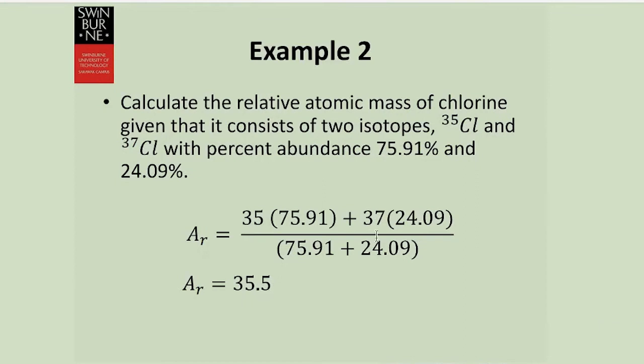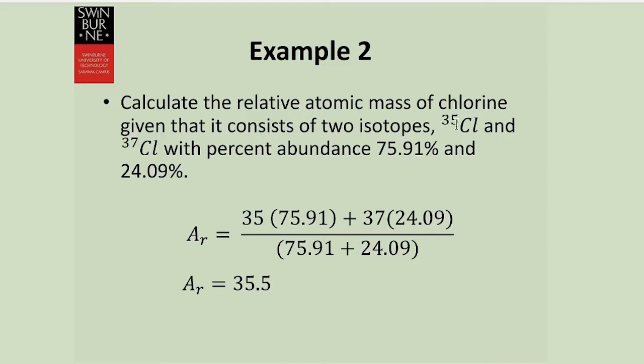So here it says: calculate the relative atomic mass of chlorine given that it consists of two isotopes. Actually, chlorine has three isotopes, but these two are the major ones. The other one is a very small amount, so it is not counted. So chlorine 35 and chlorine 37, with percentages of abundance of 75.91% and 24.09% respectively.